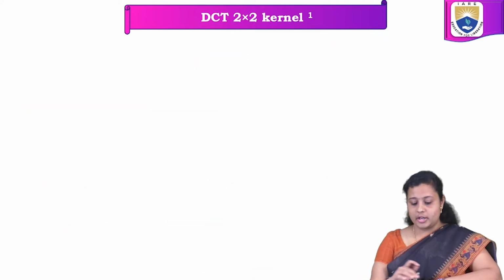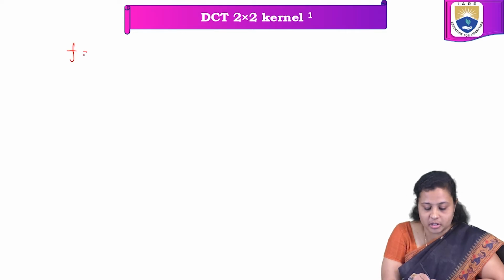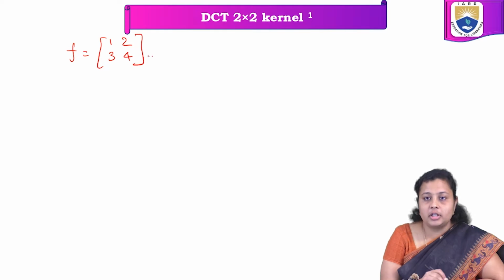Now, suppose I have my image as 1, 2, 3, 4. This is my input image.